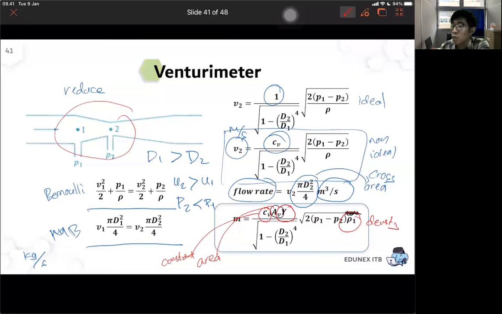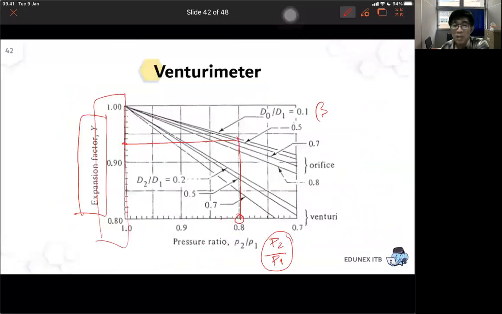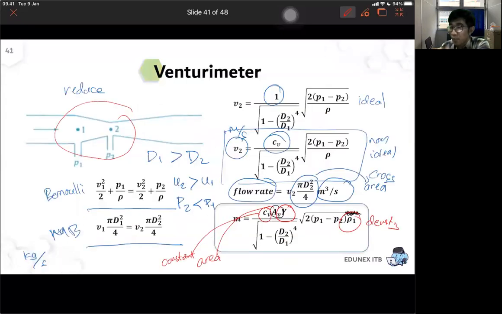So this Y is called the expansion factor because, when flowing into the venturi or the orifice, the diameter at point 2 is smaller, so the pressure will be lower. The gas will have expansion because it goes from the bigger pressure to the lower pressure. It's called expansion.